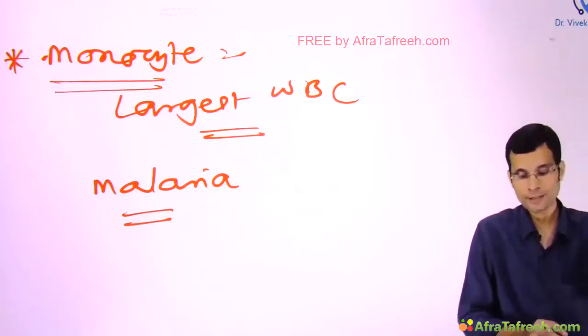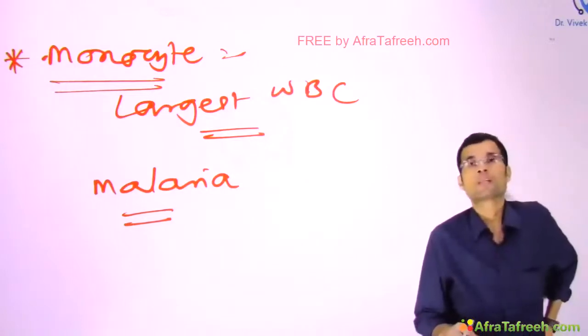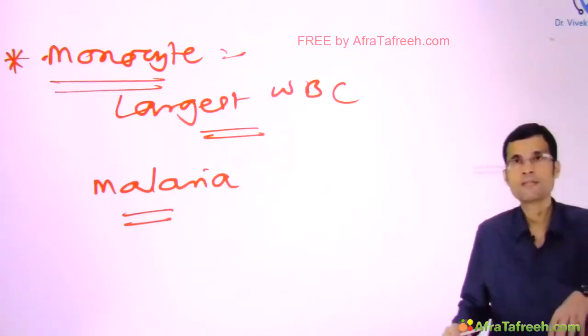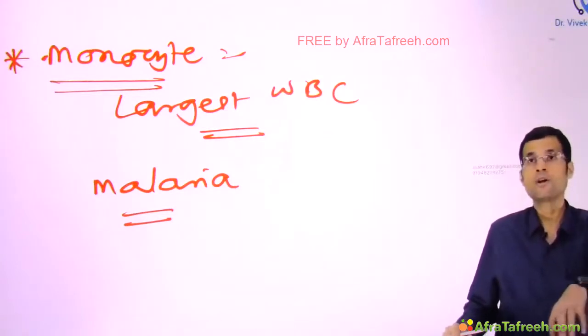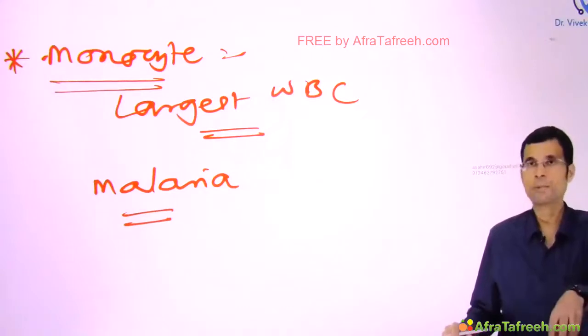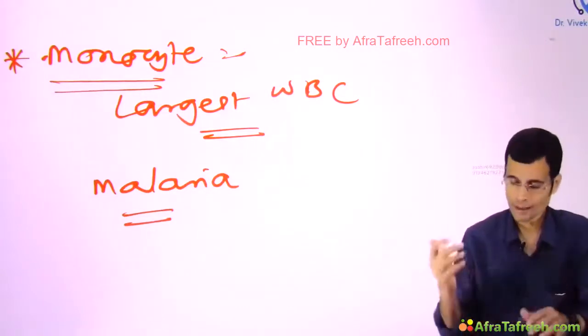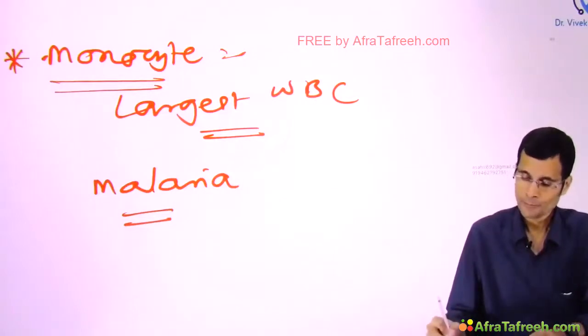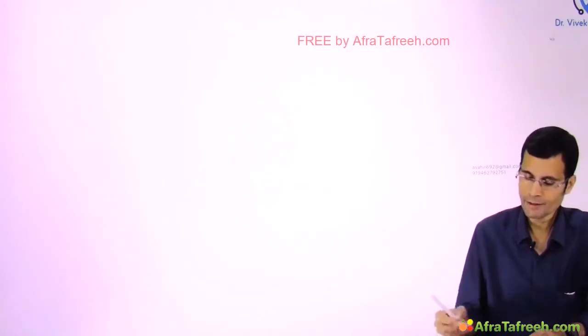One of the life stages in the life cycle is inside the RBC. So monocytes can engulf and phagocytose that parasite or even that RBC which has that parasite. So that's how you see monocyte count increased in malaria. Then the other cells, the third line defense is lymphocyte.